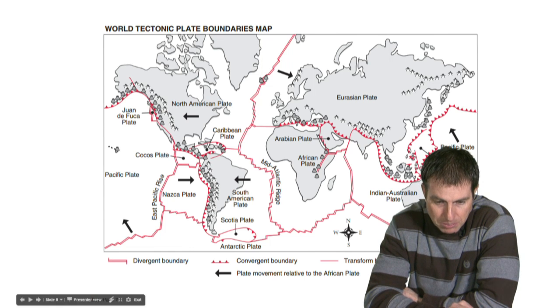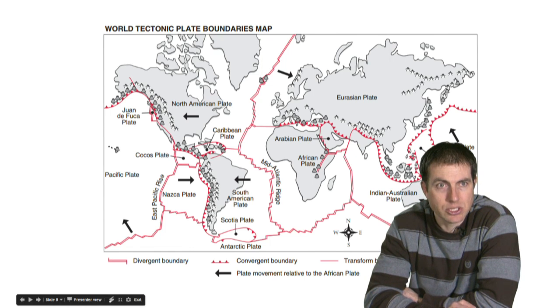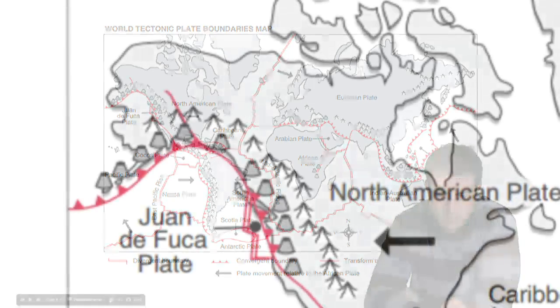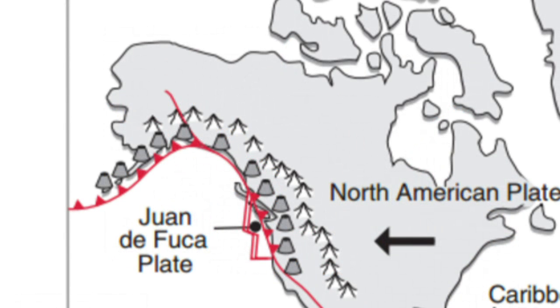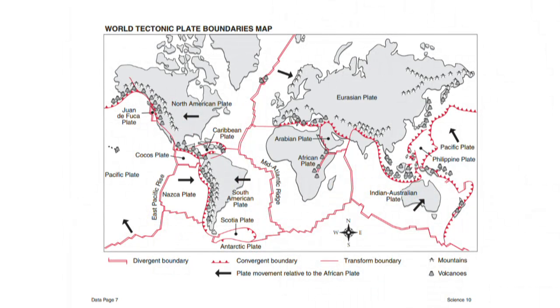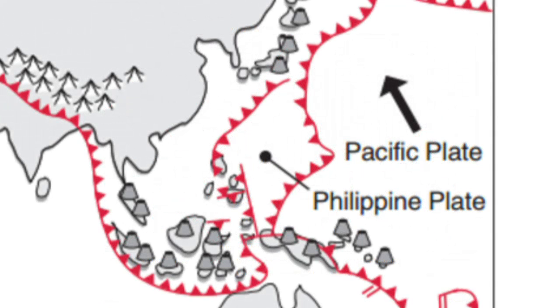All right, another example. Indonesia is right next to my ear. I've lost my cursor again. Fantastic. So Indonesia, just north of Australia, is another great example of these volcanic island arcs. Japan is also a good example where we have the Philippine plate.